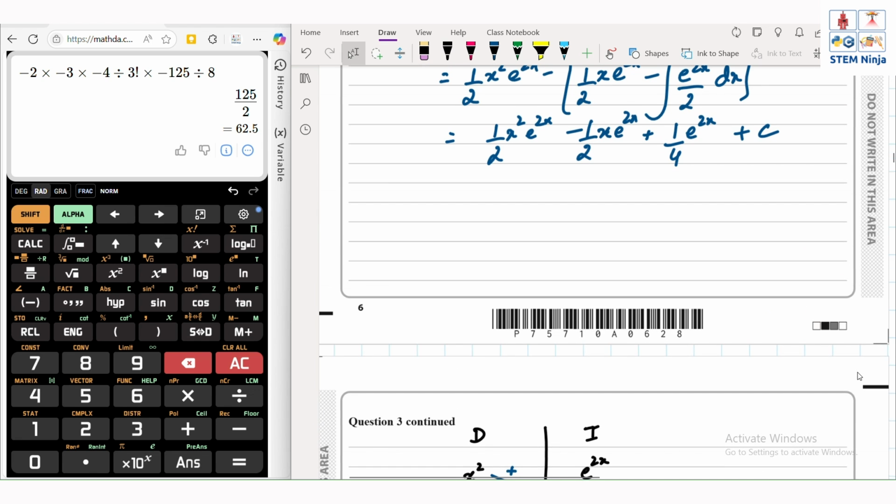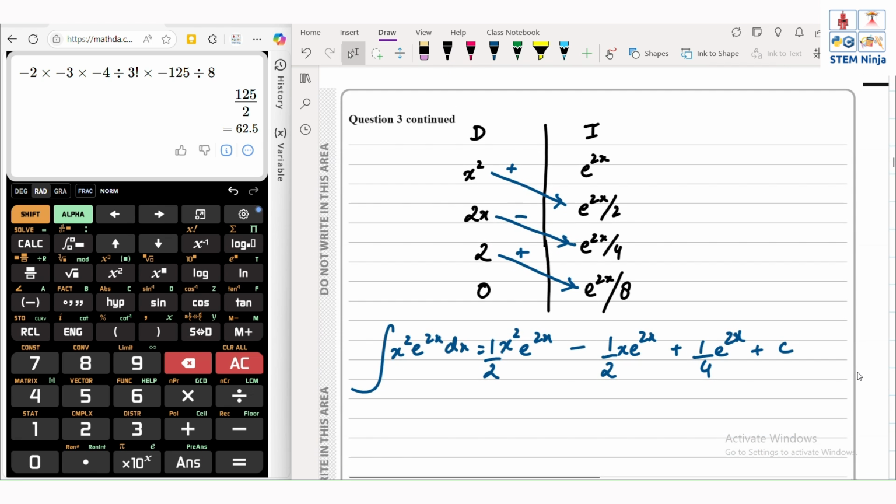Just to compare, that's exactly what we had over here. So this method needs to be correct to get the correct answer mark.